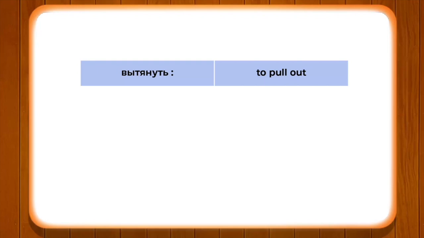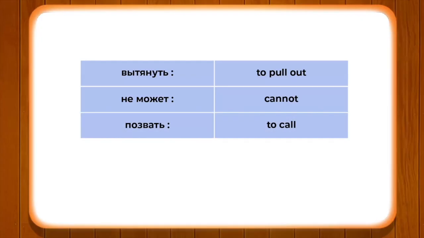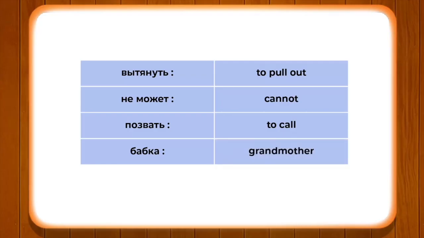Next word we have nimozhet. Nimozhet means cannot. Next word, pozvach. Pozvach means to call a person. Next word we have baapka. Baapka means grandmother.